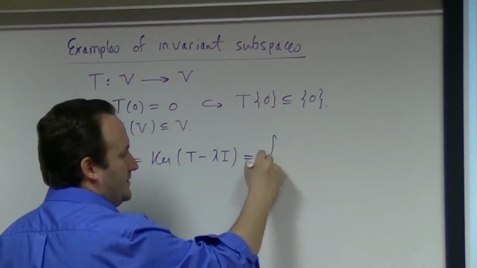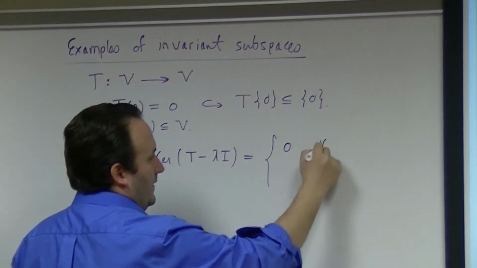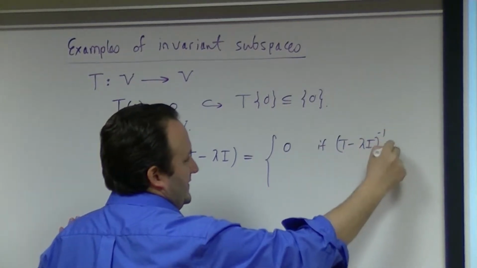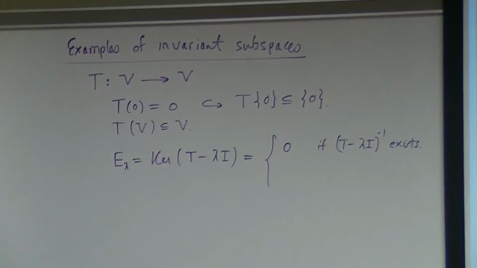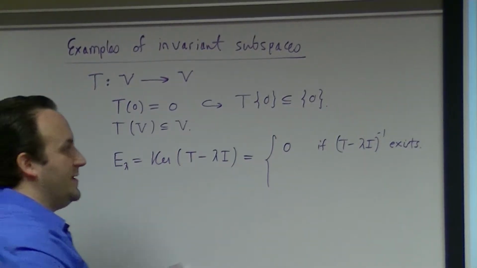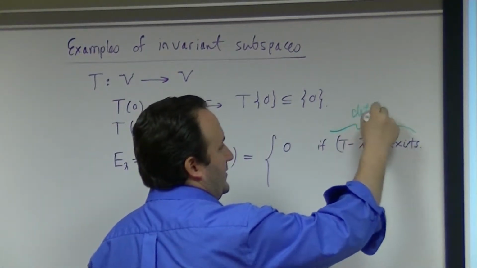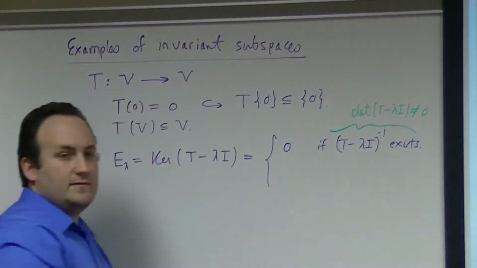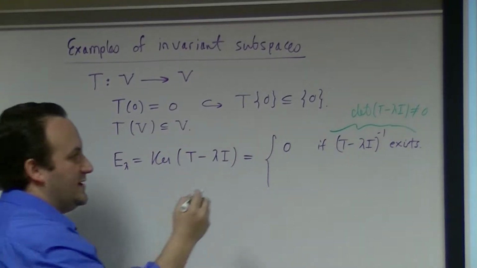Either this is just 0, if the inverse of T minus lambda I exists. And that would be the same as, in terms of determinants, the determinant of T minus lambda I not being equal to 0, right?